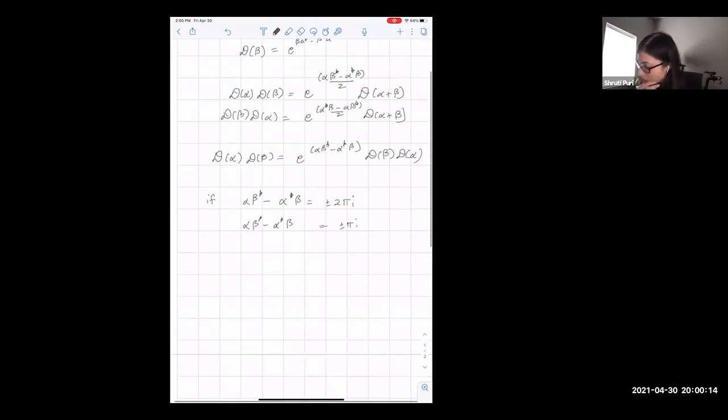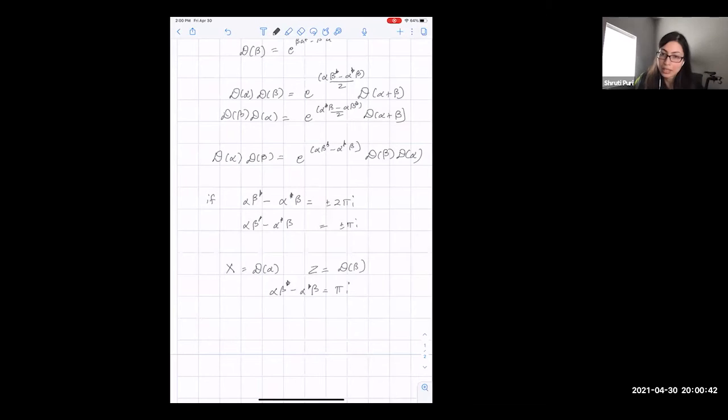Notice that I can define an operator X, which is going to be my Pauli X operator, as D of alpha, and I'm going to define an operator Z, which is going to be the Pauli Z operator, which is D of beta, and I'm going to choose alpha and beta such that this condition is satisfied: alpha star beta is equal to pi i.